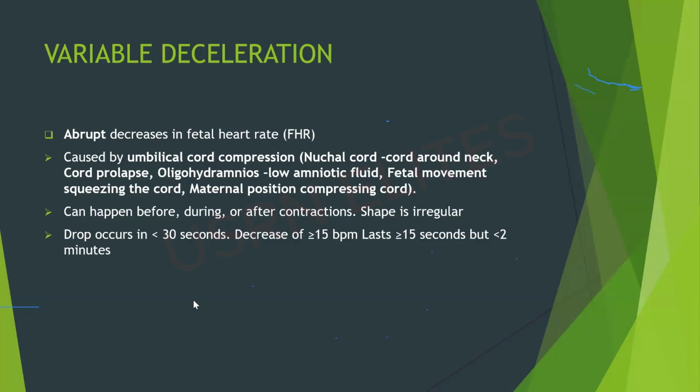Pushing will complicate things. So that's why we are even stopping oxytocin. But our priority here is to relieve cord compression before surgery. You understand? Because if you don't relieve it, the child will die. So that's what you should know.